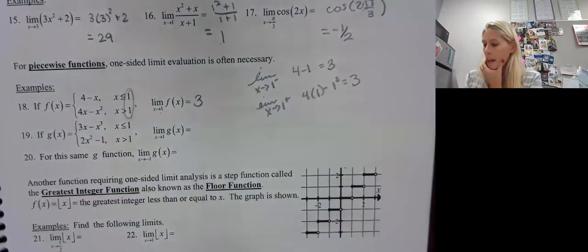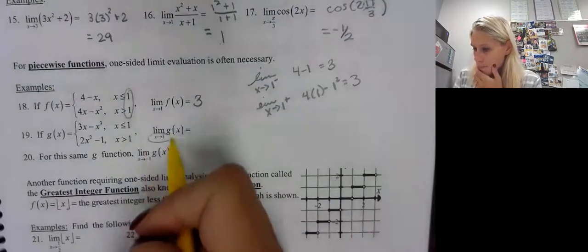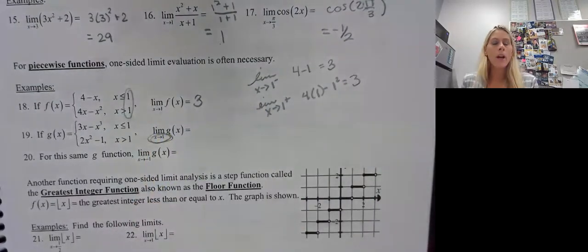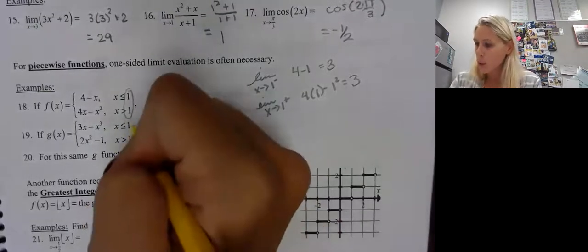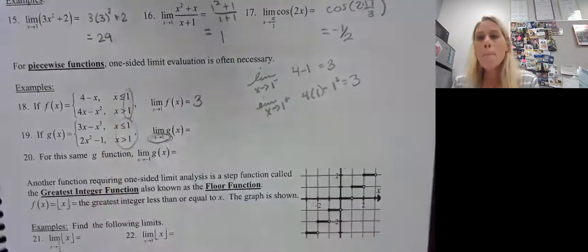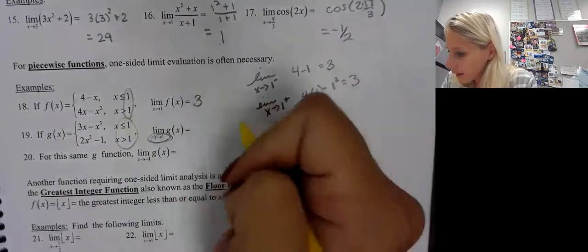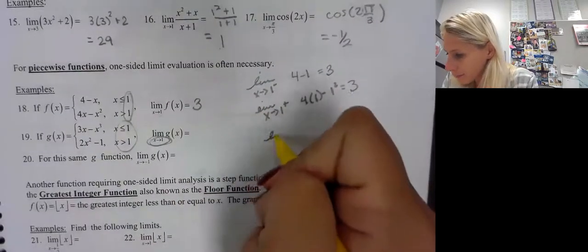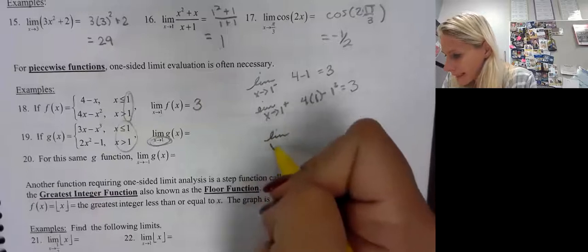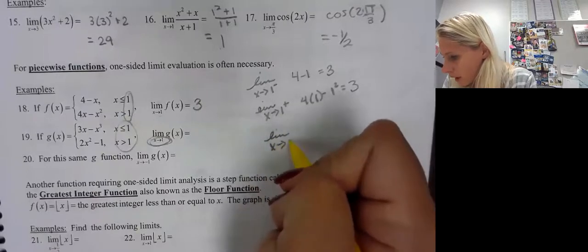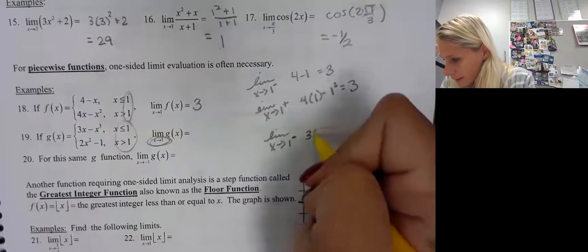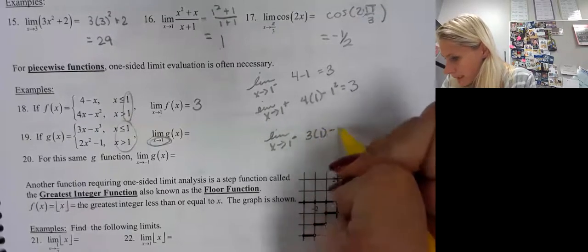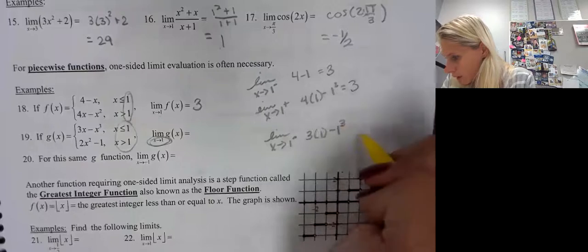Okay? Now, here again, we are approaching where the graph splits. So I have to test both of them. Okay, so I go limit as x approaches 1 from the left side, which would be 3 times 1 minus 1 cubed.